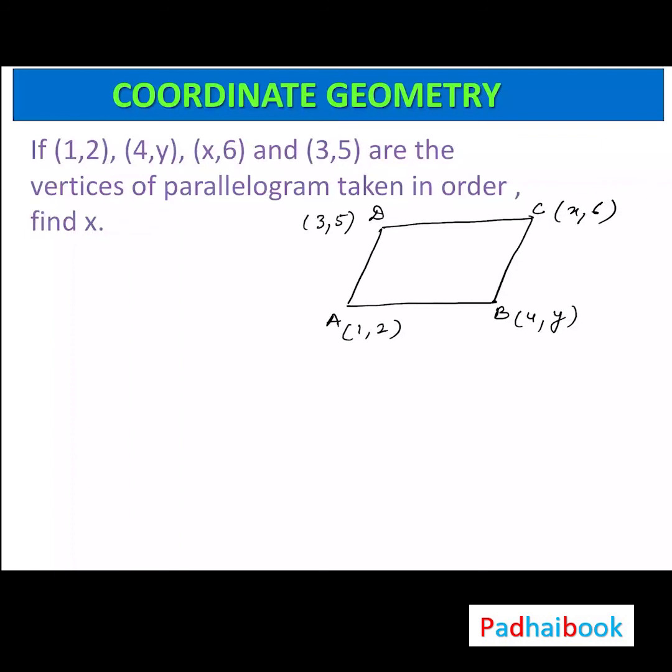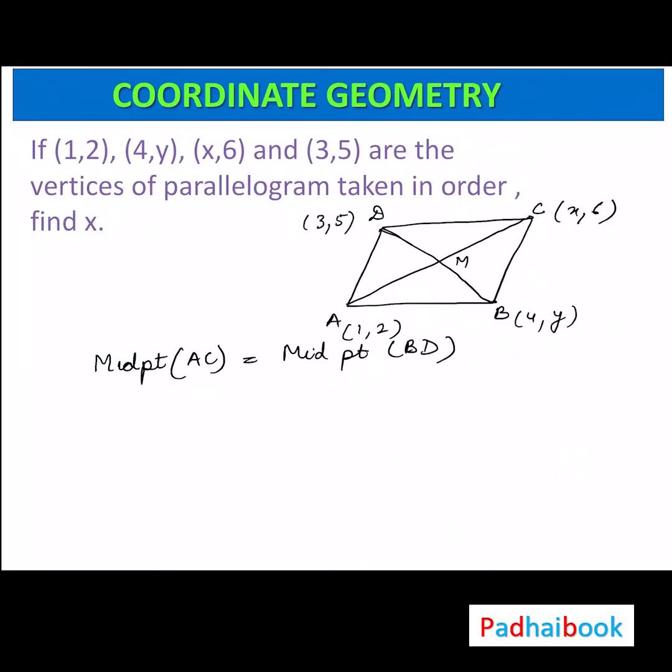This ABCD is a parallelogram, right? So that means the diagonals of a parallelogram bisect each other. If I say this point of intersection is M, then M is the midpoint of AC as well as of BD. So the midpoint of AC will be equal to the midpoint of BD.